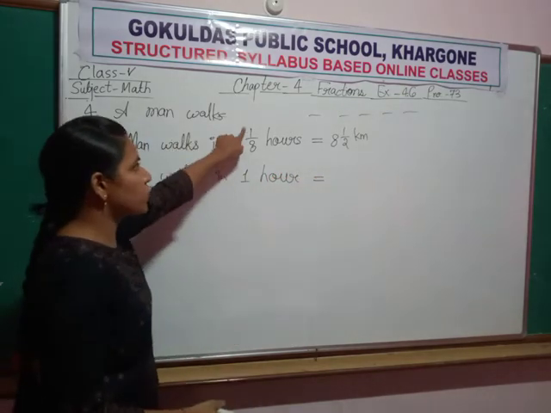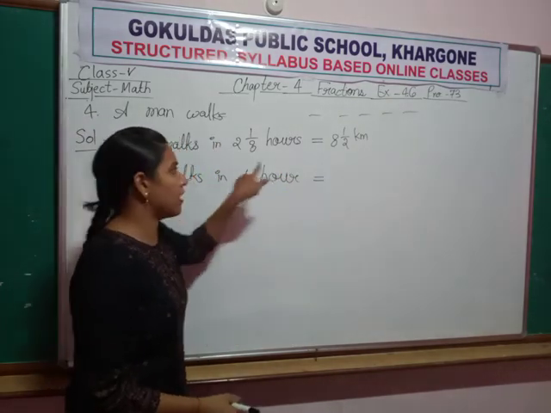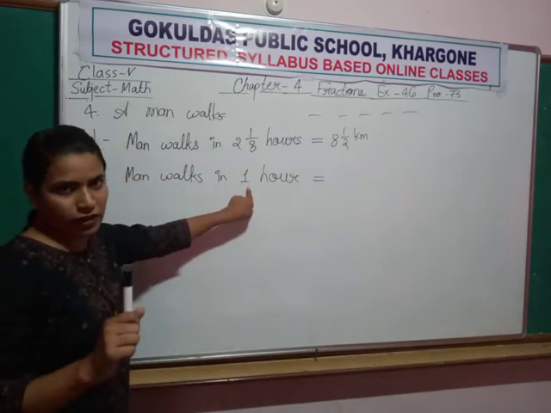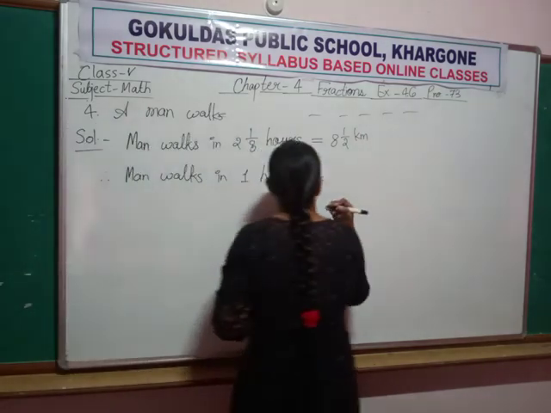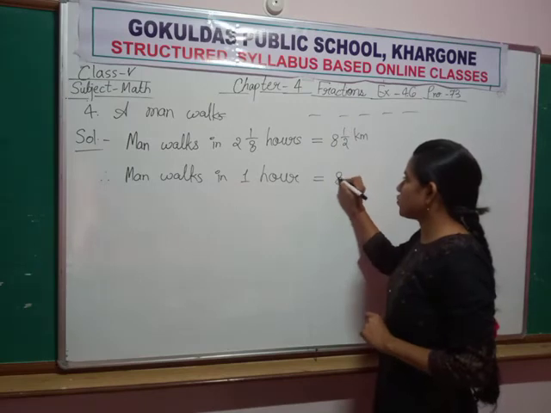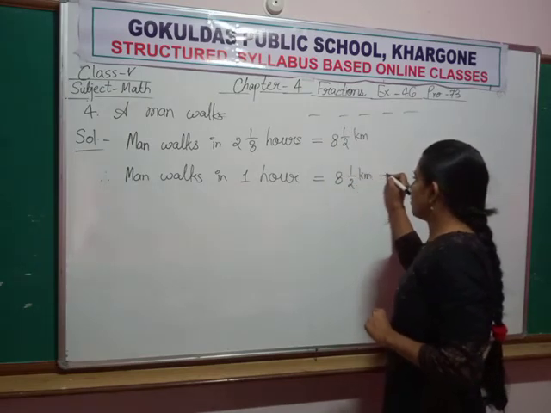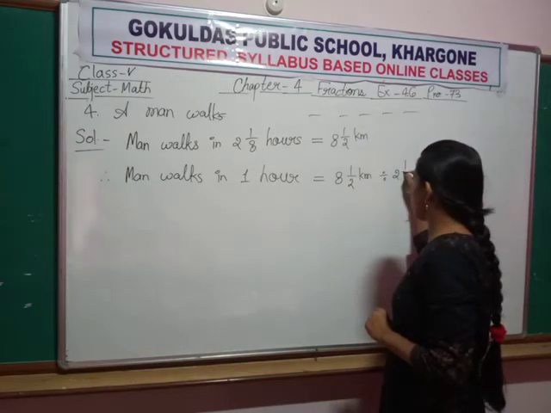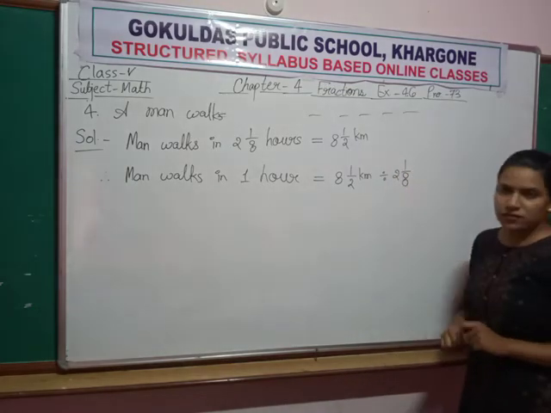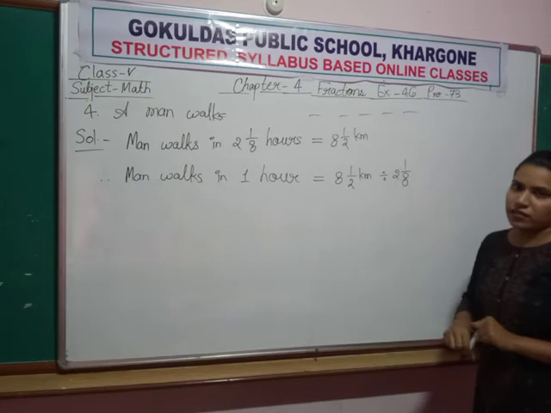The data for 2:1/8 hours is given and they are asking to find the data for 1 hour. So here we will apply the division operation. We will divide 8:1/2 kilometer by 2:1/8.